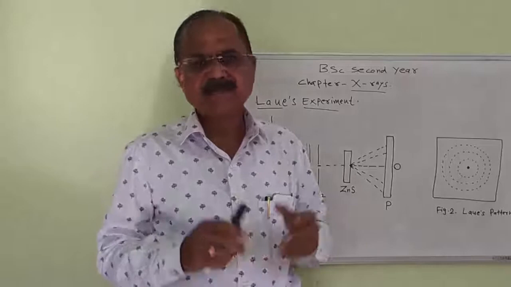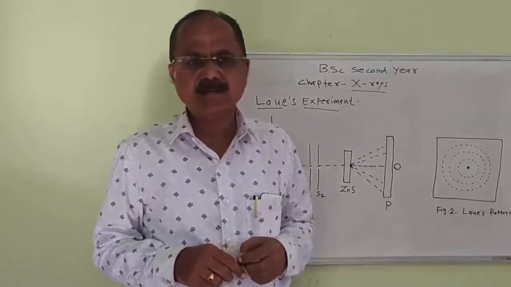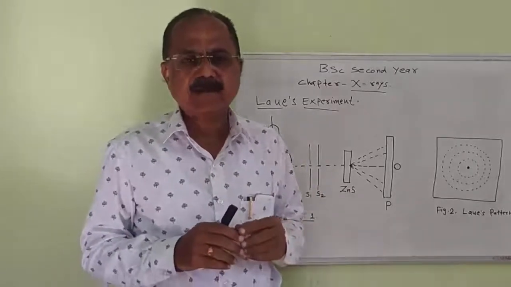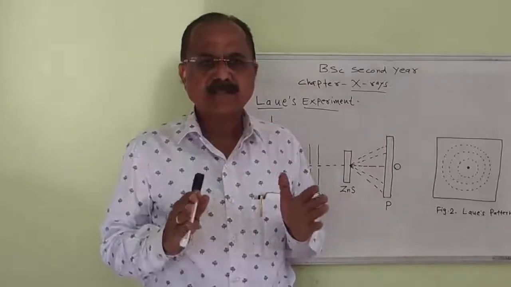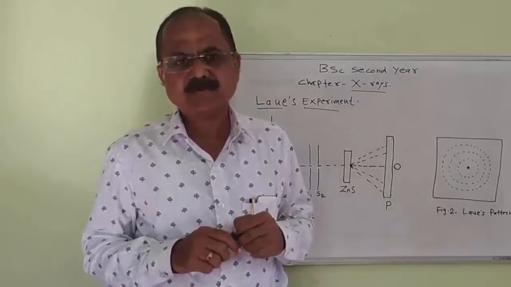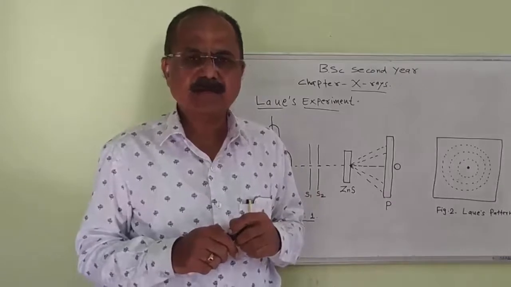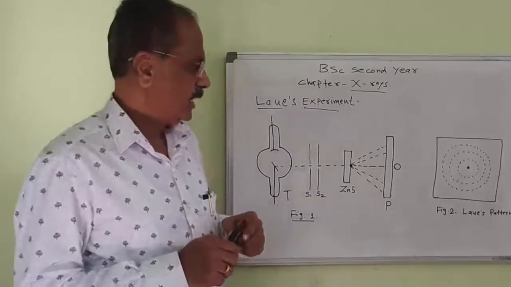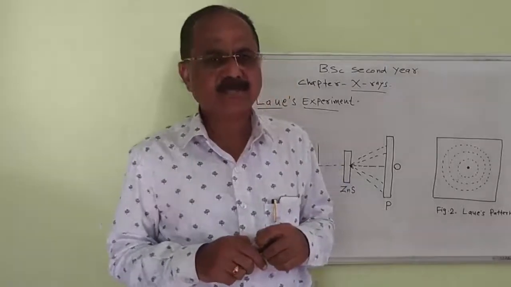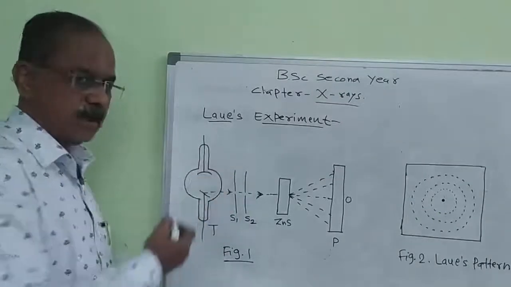Means as X-rays are incident on the material, these X-rays get diffracted, and after diffraction these X-rays have different intensities, and these intensity spots are obtained on the photographic plate. These spots or patterns are nothing but the Laue pattern. In this figure, this T is an X-ray tube.